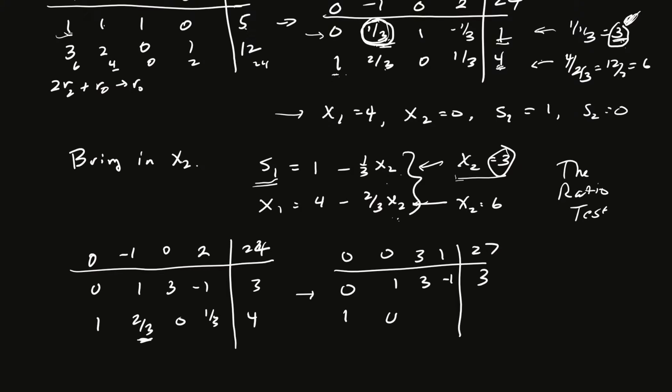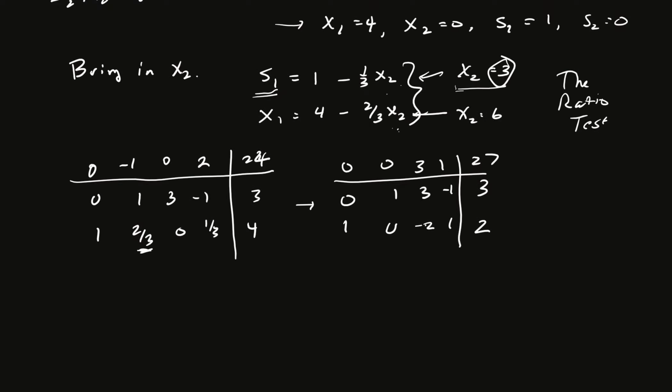That would give me a 0 there, -2 and 0. Was that a -2 then? And then -2 would be positive 2/3, plus 1/3 is 1. And then -2 plus 4. What's -2 plus 4? 2. All right. There's my new tableau right there.